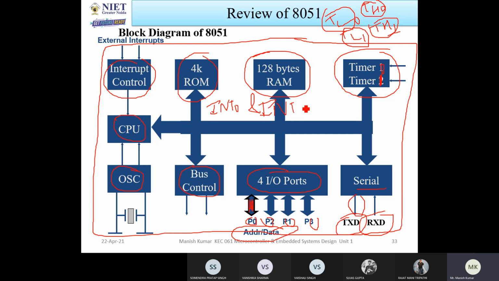I will tell you which pins they are. If you want to connect any interrupt, you can use these pins. This is a fixed pin. So this is all about the architecture of the 8051.